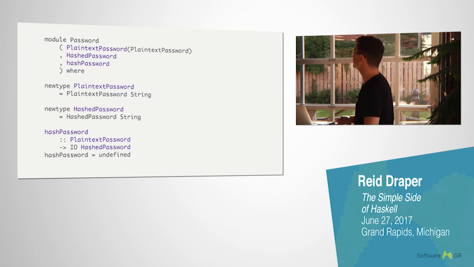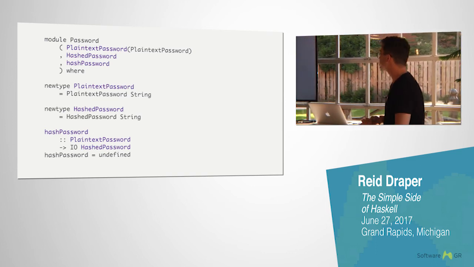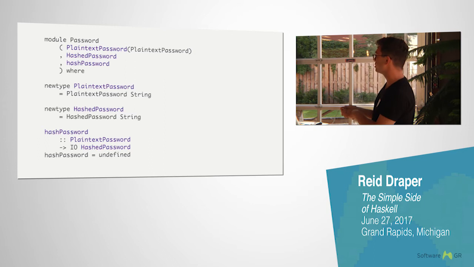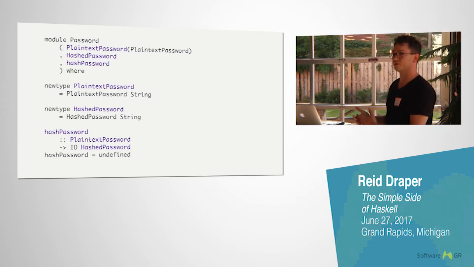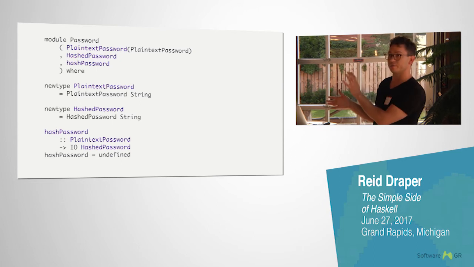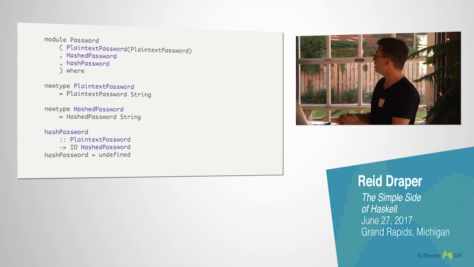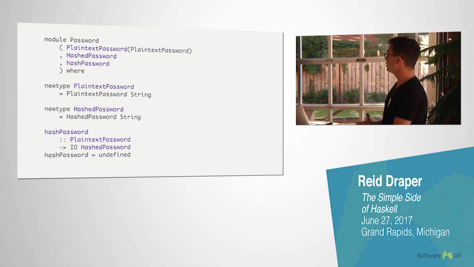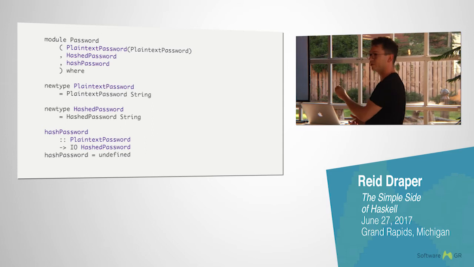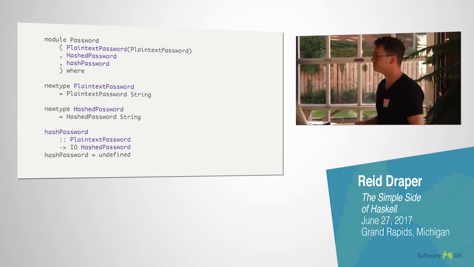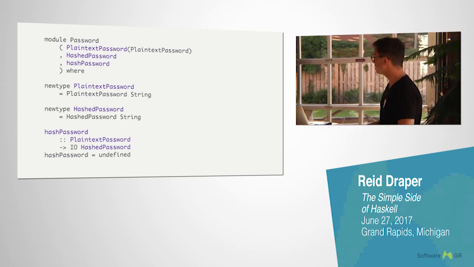And then we're also exporting a function which takes a plain text password and returns a hashed password. Because we haven't exported the internal representation of hashed password, the only way that you can have one of these types in hand is necessarily that you call this hash password function. So that's pretty cool.